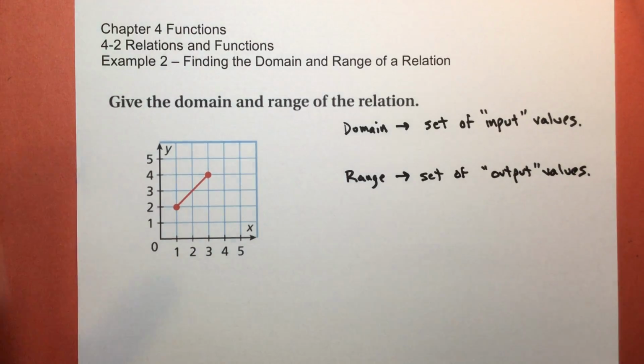Now, this is a little tricky to talk about when we're comparing this to a relation. It's going to mean more down the line when we talk about the functions, when relations become functions.